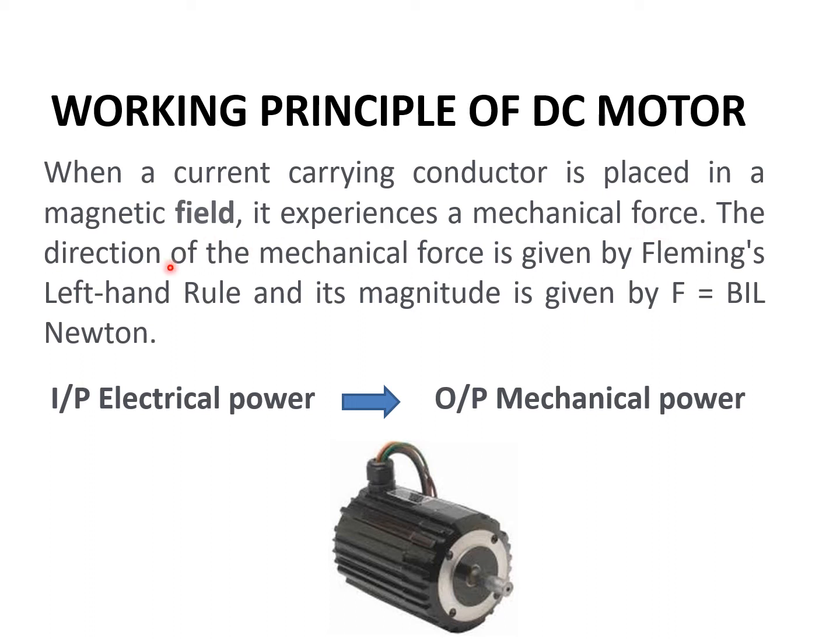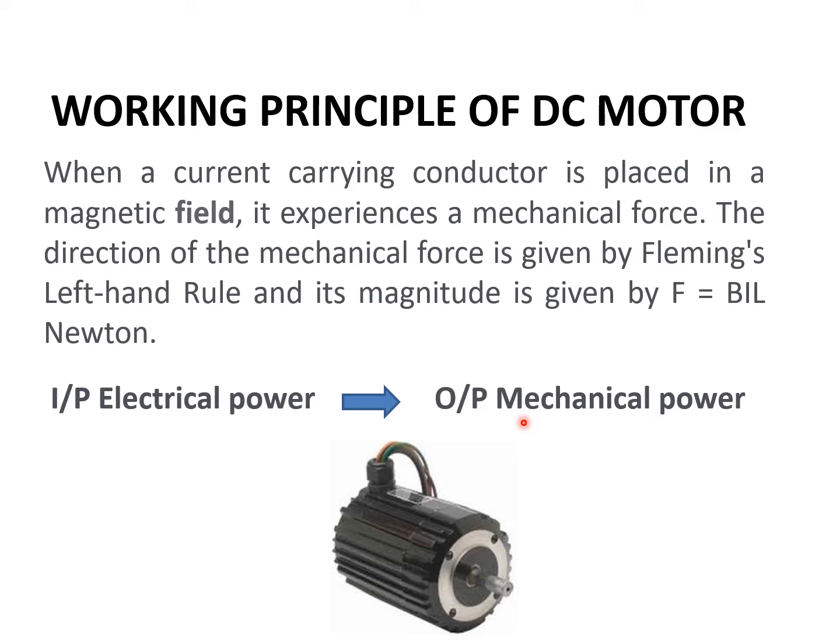The direction of the mechanical force is given by Fleming's left-hand rule, and its magnitude is given by force equals BIL, where B is the flux density, I is the current, and L is the length of the conductor in meters. In this way the DC motor converts electrical power into output mechanical power.